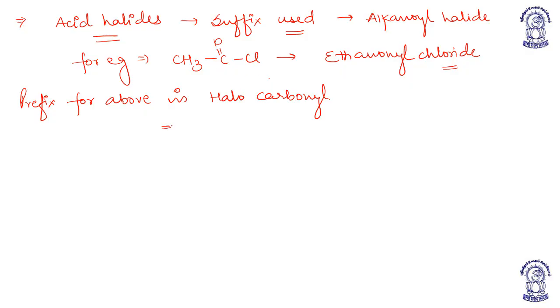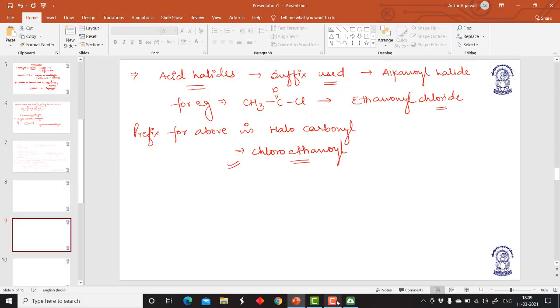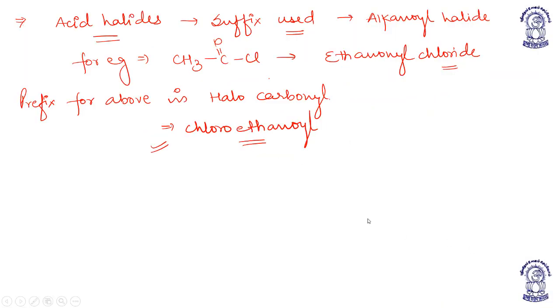So it can be written as chloroethanoyl, if a prefix is used. Okay. Yes. Prefix uses halocarbonyl. Acid anhydrides are basically prepared by condensation reaction of carboxylic acids.